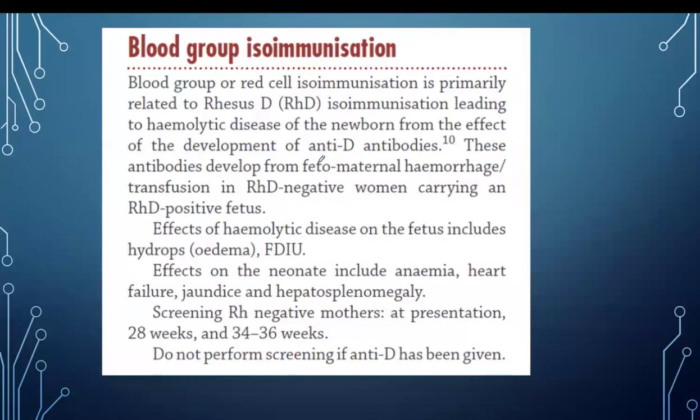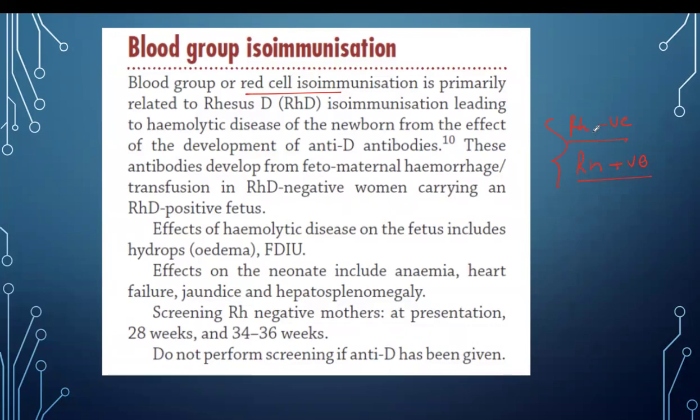Okay. The next thing is blood group isoimmunization. So you know about the Rh isoimmunization. We all know about the negative positive things. So if an Rh negative mother has an Rh positive baby in the first pregnancy, during delivery there is always a chance of feto-maternal blood transfusion, which means the mother's and baby's blood can get mixed up.